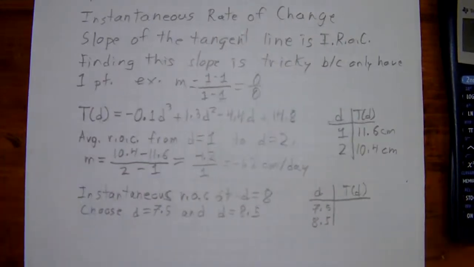I'm going to use Desmos for these calculations just because it'll speed things up. Here, f of x equals negative 0.1 d cubed plus 1.3 d squared minus 4.4 d plus 14.8.